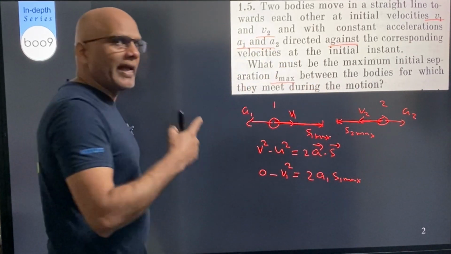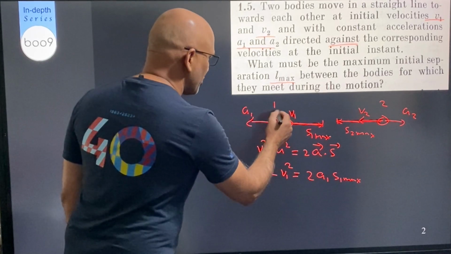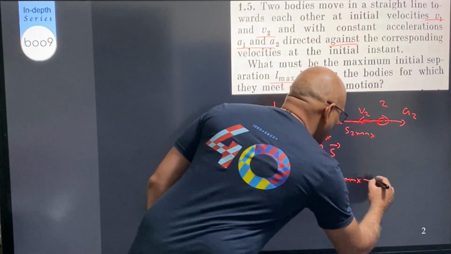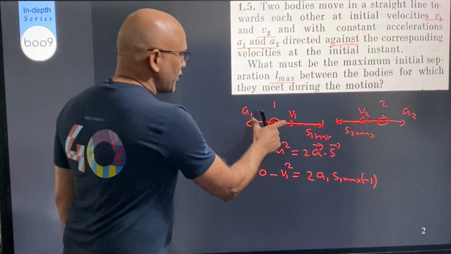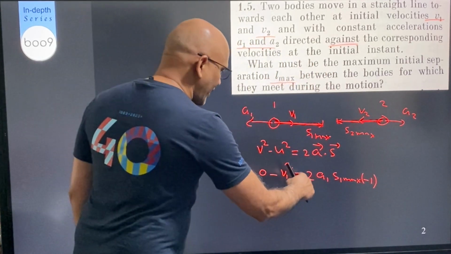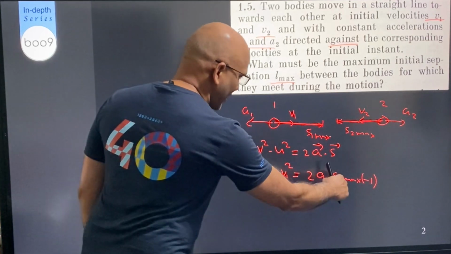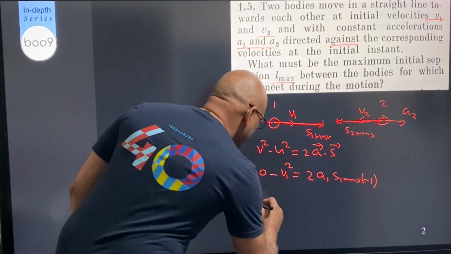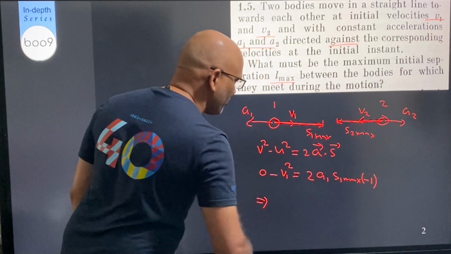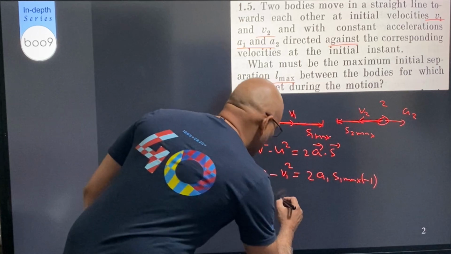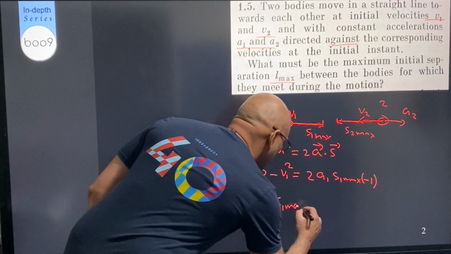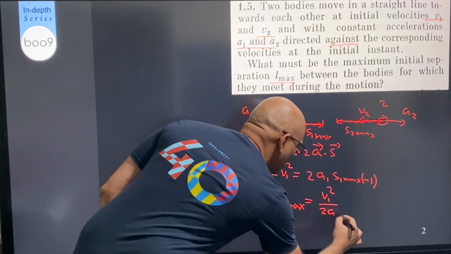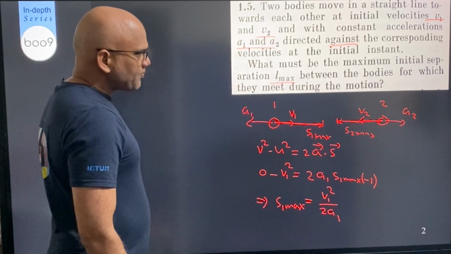A dot s is a s cosine theta, and the angle between s and a is 180 degrees. Cosine 180 degrees is -1. Whenever you see they are opposite, you can straight away write -2 a1 s1 max, but just to be very clear, now to simplify, negative and negative will be positive. So this will give me s1 max is equal to v1 squared by 2a1, right?